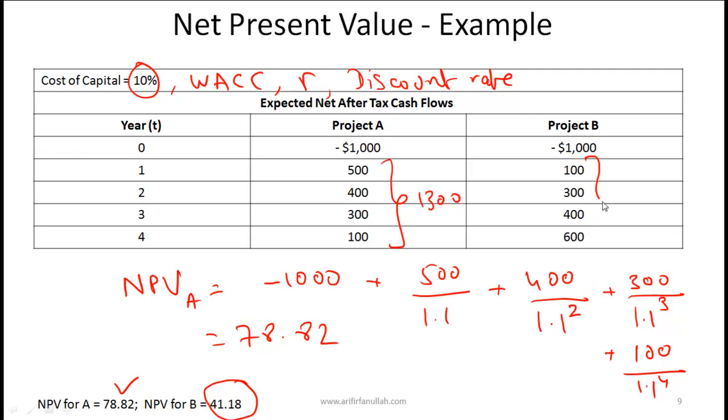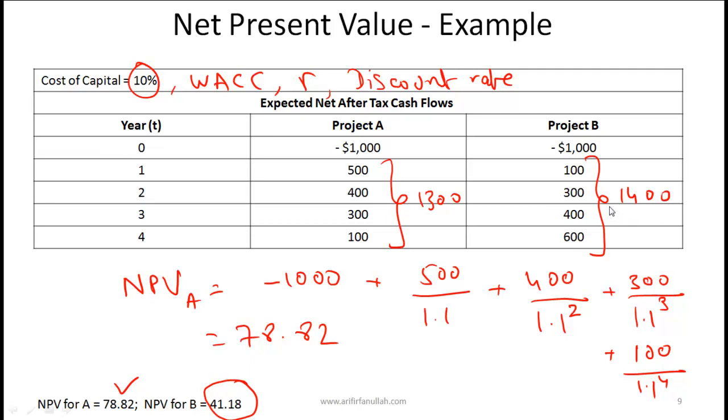And if you look at project B, which has a lower NPV, the sum of the undiscounted cash flows is 1400. So an accountant who doesn't understand present value would possibly be more inclined to go with this project.